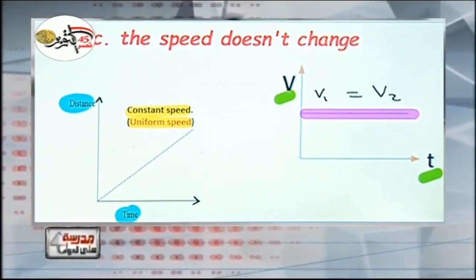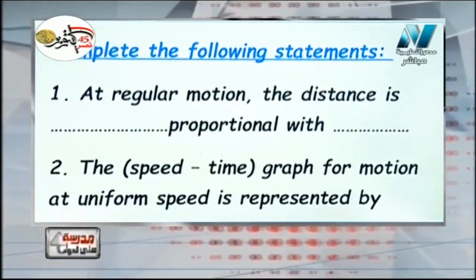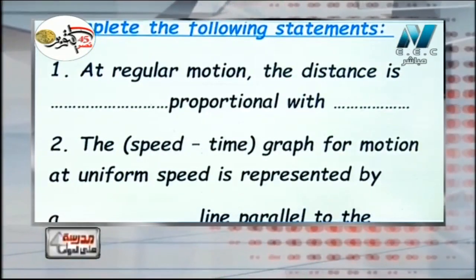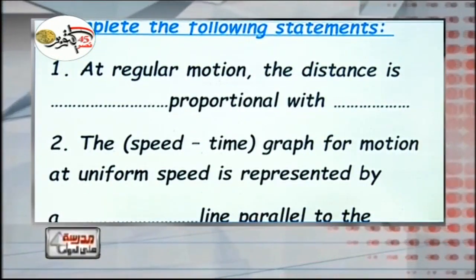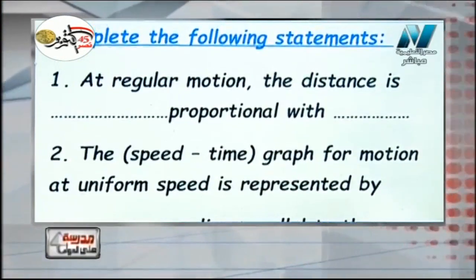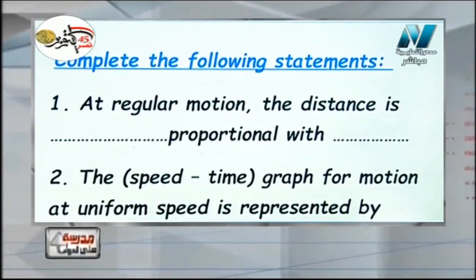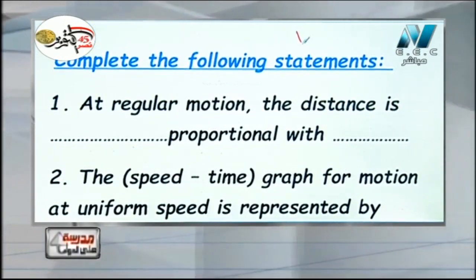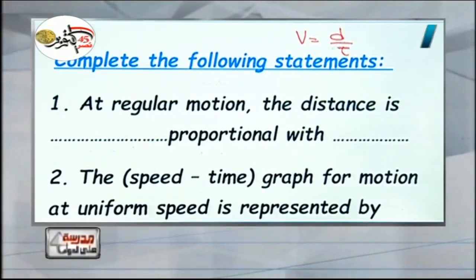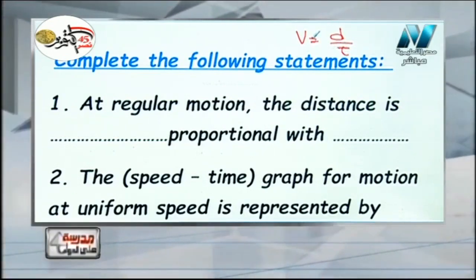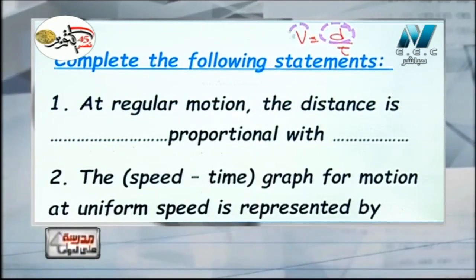Okay, let's start together. It says complete the following statements. At regular motion, the distance is what proportional with what? We have V equals D over T. We have an equal sign here, with distance on this side and speed on this side.